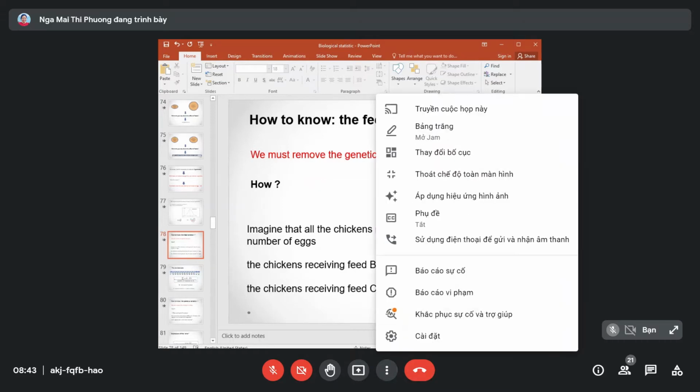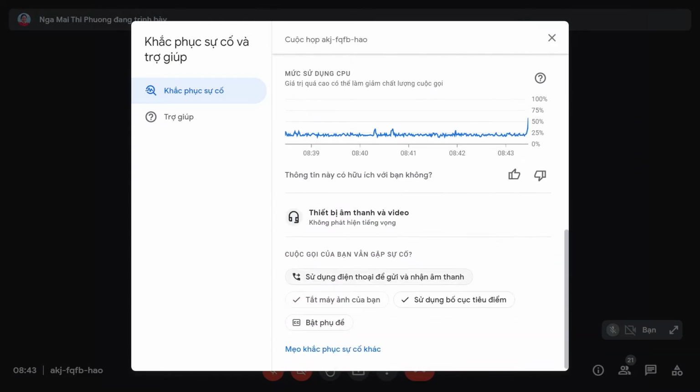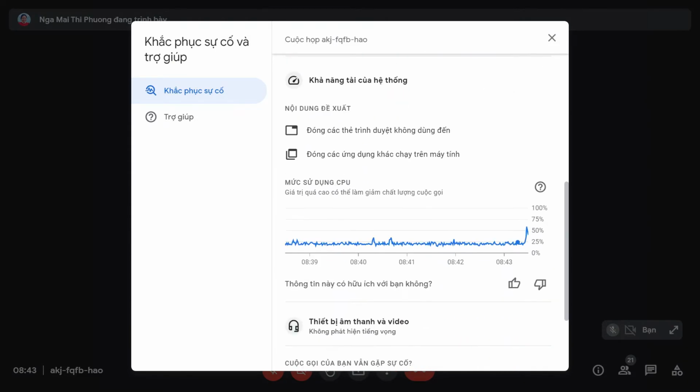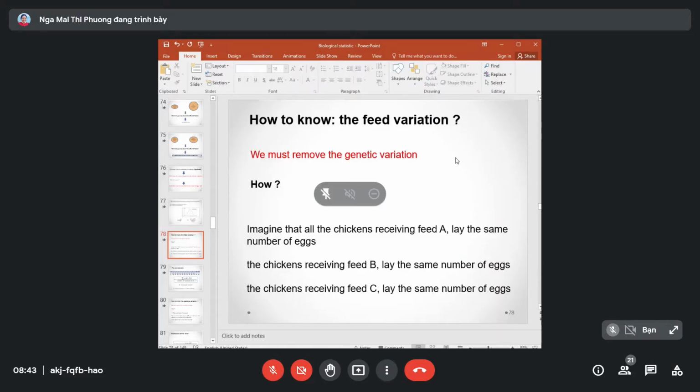If there's variation in the genetics of chickens, we will study two different parameters at the same time. At the end, you get the result, but you cannot conclude whether the result is because of the feed level or because of the chicken genetic variation, right?